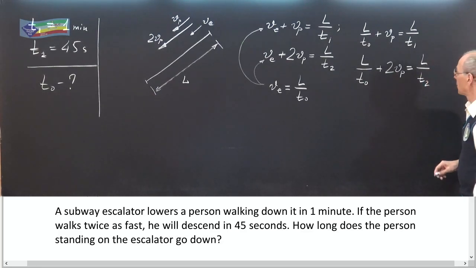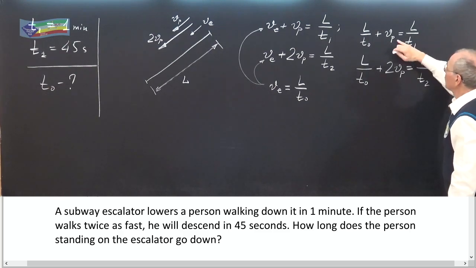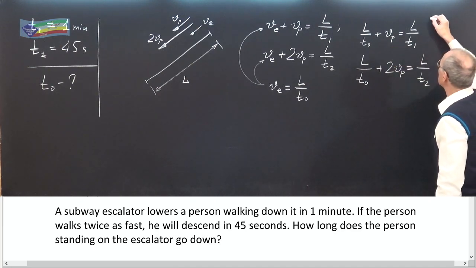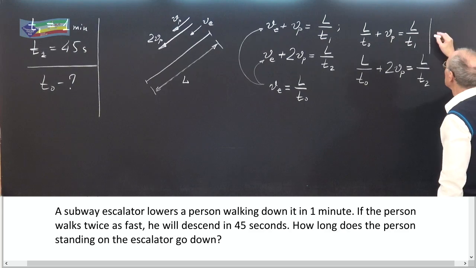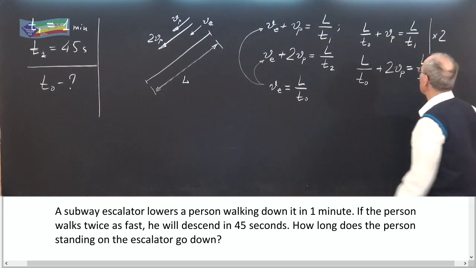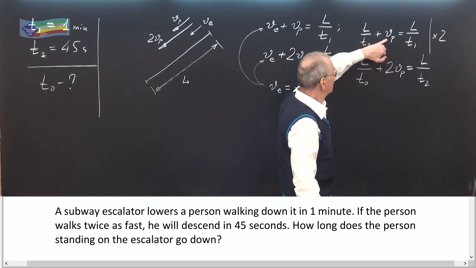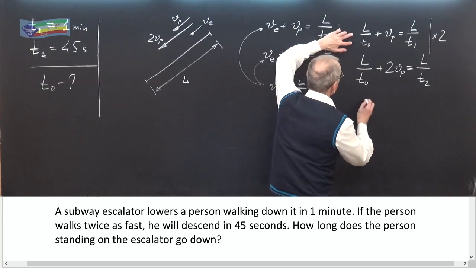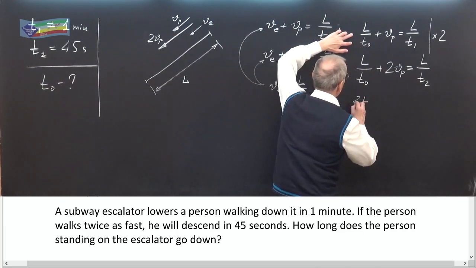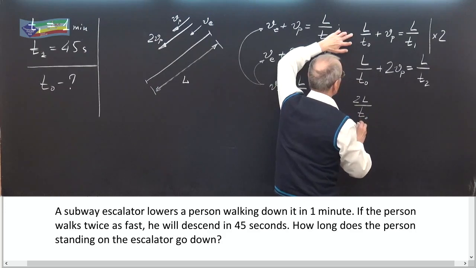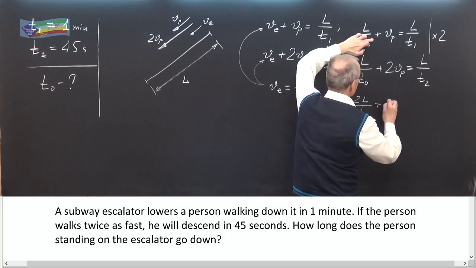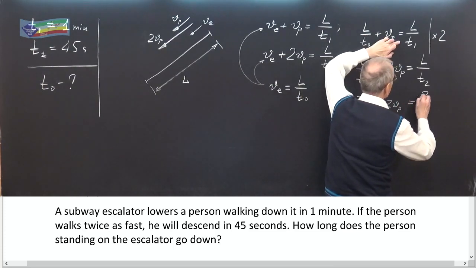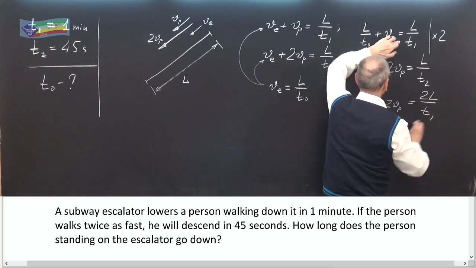The next step: we have Vp here and doubled Vp here. Let us multiply the first equation by 2 to make the same doubled Vp. So we have doubled L over T0 plus doubled Vp gives doubled L over T1.